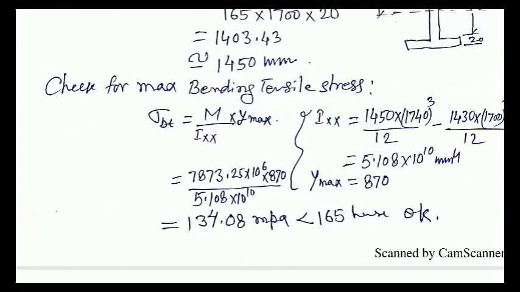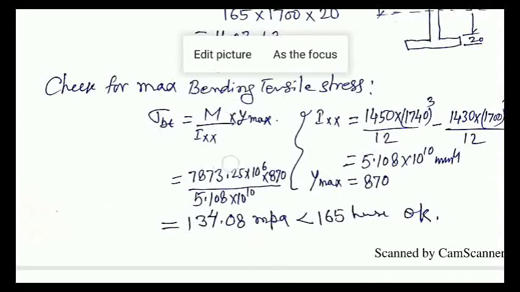Now you have to check it for maximum tensile stress. So sigma bt should be equal to M divided by I into y max. This is the bending equation. By the bending equation we are checking the maximum bending tensile stress.